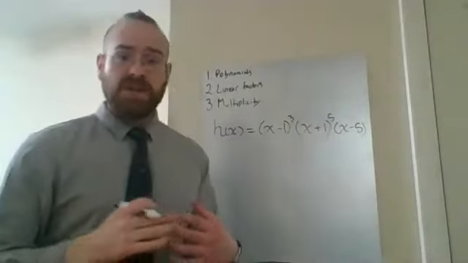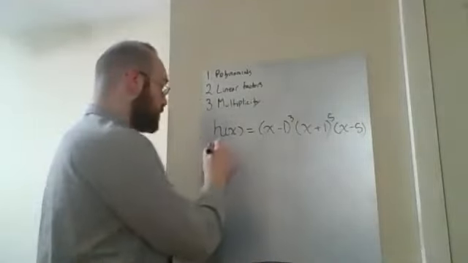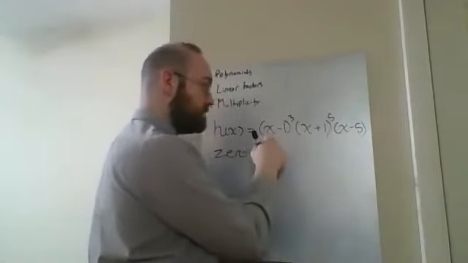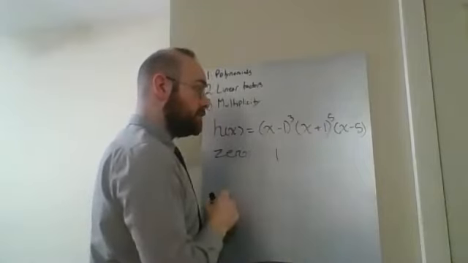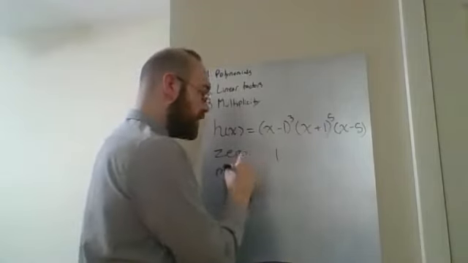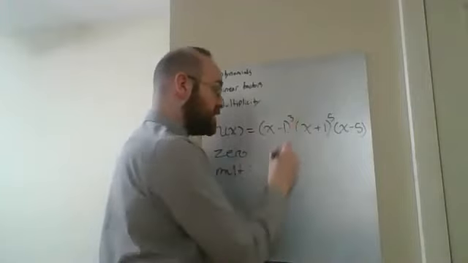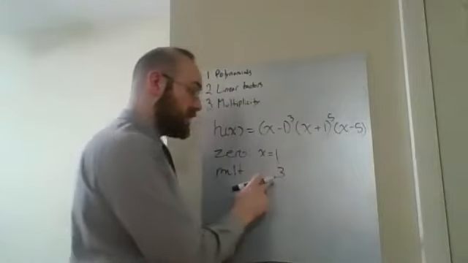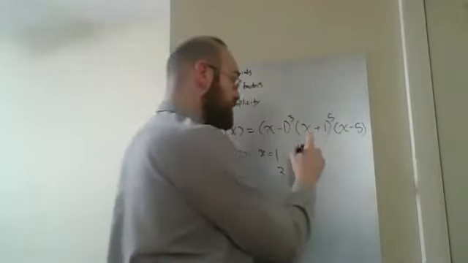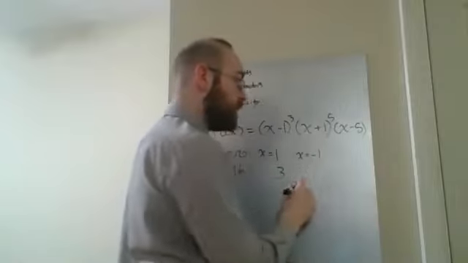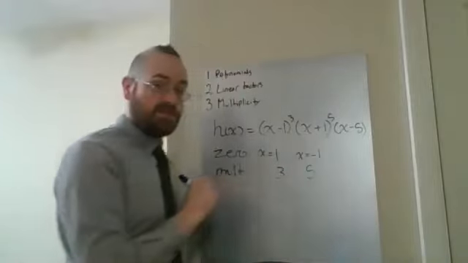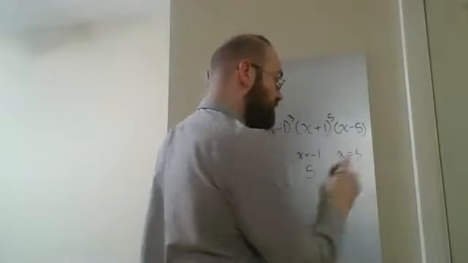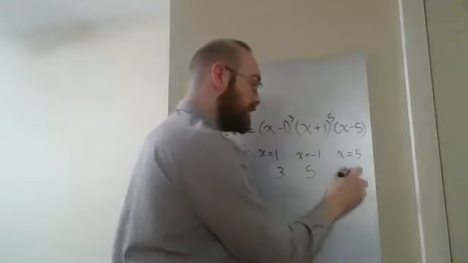Now we can think of identifying the zeros and their multiplicities. So for x minus 1, the 0 is just positive 1. And the multiplicity of 1 is the exponent, so that's 3. So we have the 0, x equals 1, with a multiplicity of 3. We have the 0, x equals negative 1, with a multiplicity of 5. That's from the exponent. And x equals positive 5, with a multiplicity of 1.